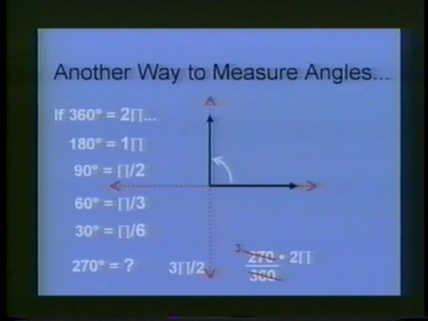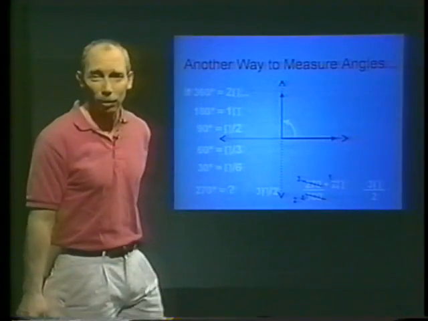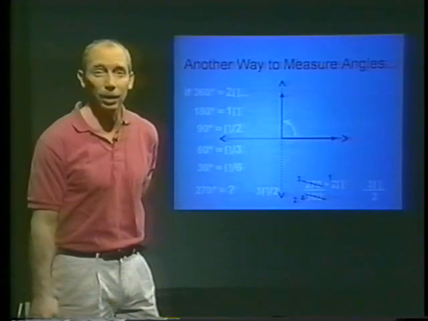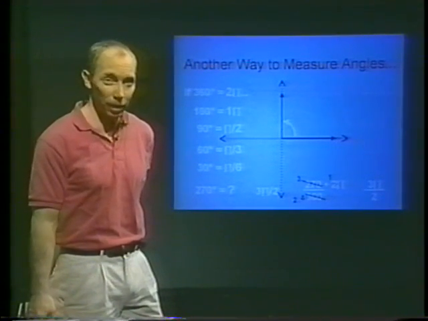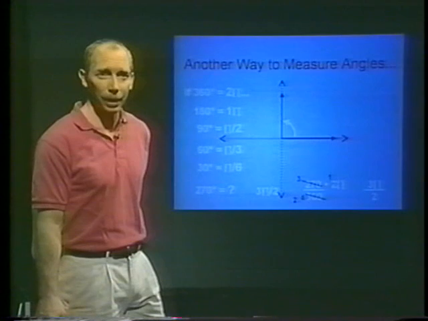So I'll take a 3 here and a 4 here. Anybody else can cancel? How about the 4 and the 2? I'll cancel them, and I'll get a 2 here and a 1 there. Now let's multiply out, and that's what I got, 3 times 1, 3 pi over 2, okay? So basically you put the number over 360 and then multiply by 2 pi. That's the way I do it anyway, because I remember that 360 all the way around is 2 pi.